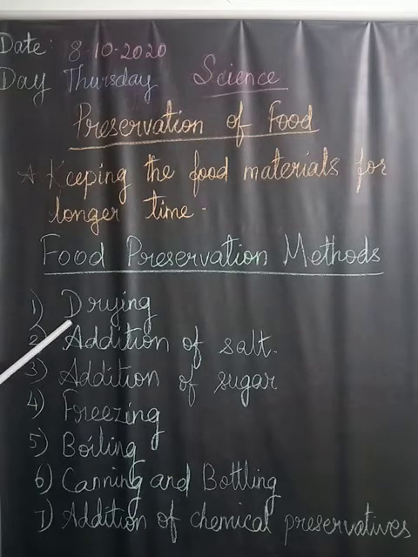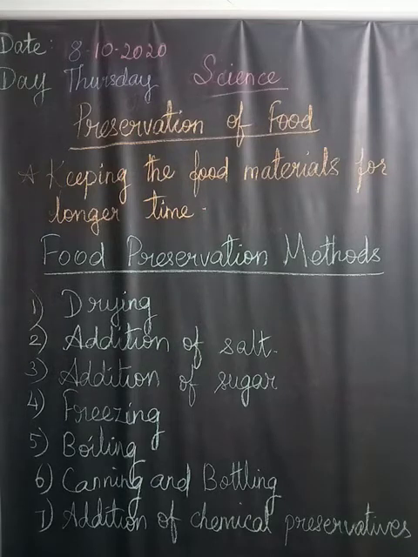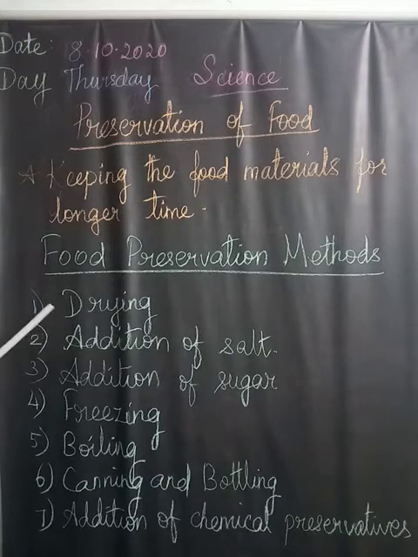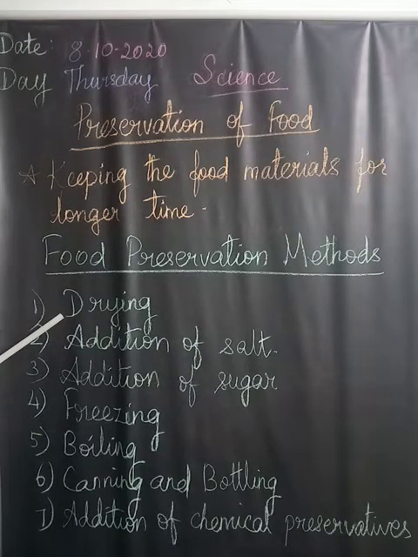Then the food is protected from microorganisms. So drying helps keep the food away from microorganisms that can grow in the food. One example is grains. Grains like rice, wheat and all, once they pull it out of the paddy, they put it out for drying.